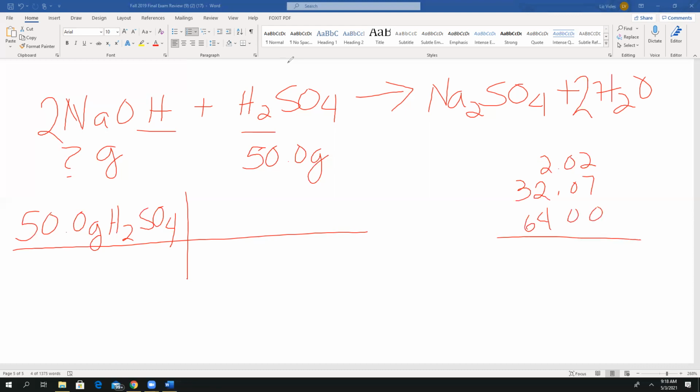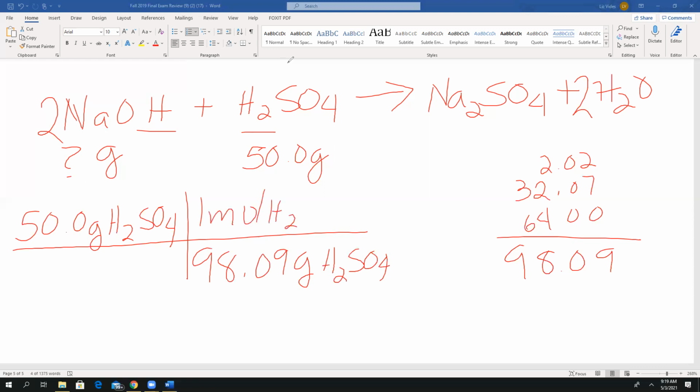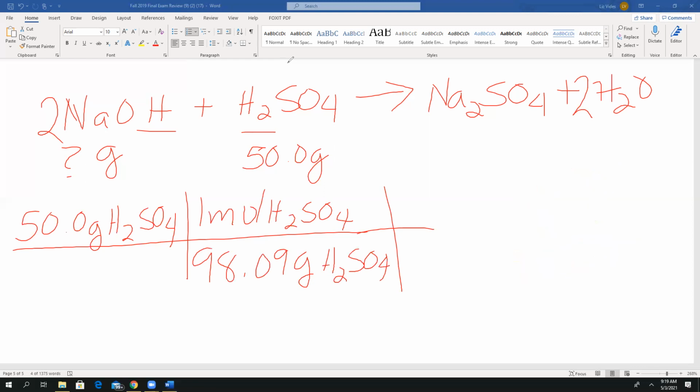So you add it and you get 98.09. So that goes below here: 98.09 grams of H2SO4 in 1 mole of H2SO4. It looks repetitive writing it like this, but it's not. It helps you because the quantity tells you what to do next.